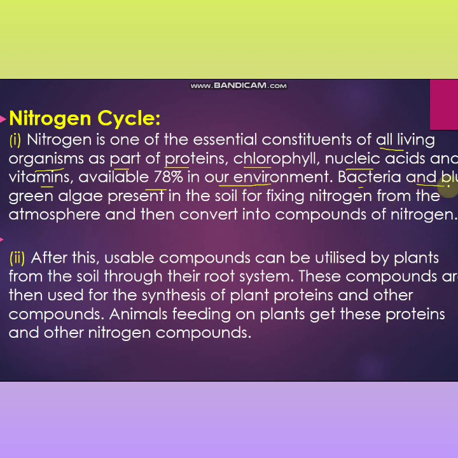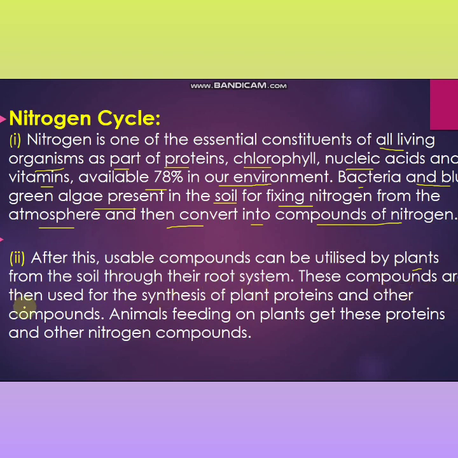Bacteria and blue-green algae present in the soil fix nitrogen from the atmosphere and then convert it to compounds of nitrogen. After this, the usable compound can be utilized by the plant from the soil through its root system.